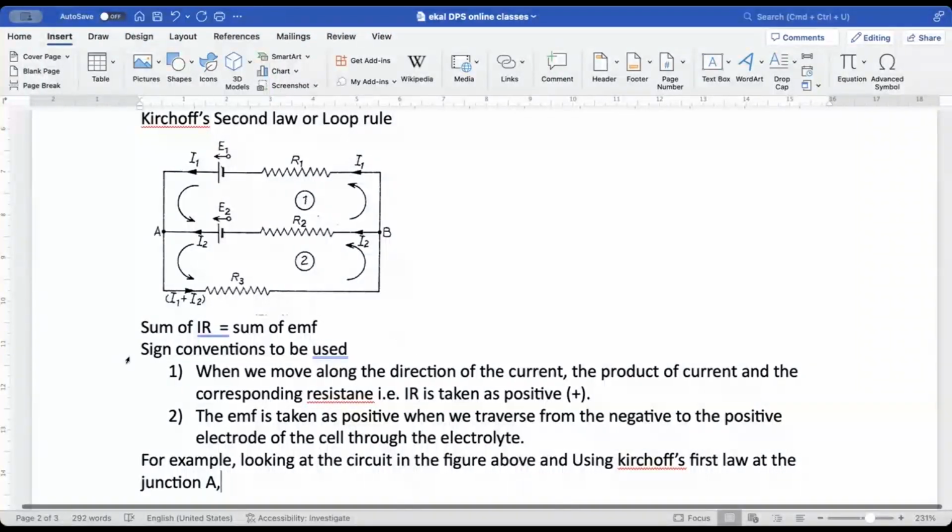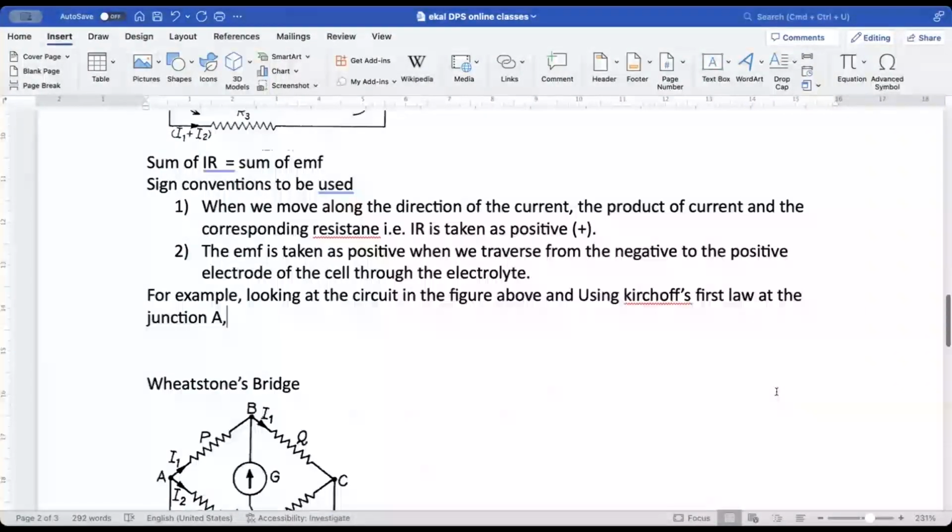This is R3. So this I1 is coming from this direction, this I2 is coming from this direction. These two will be combined, and here we get I1 plus I2. So at the junction A, we can write the current flowing in R3.